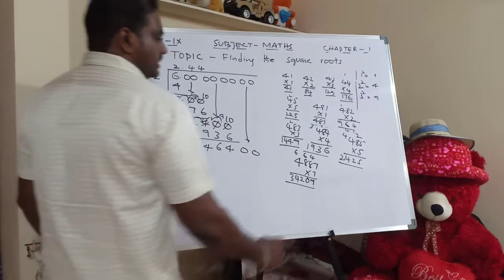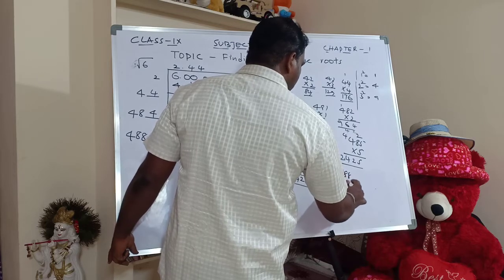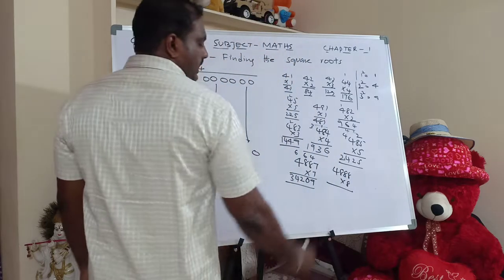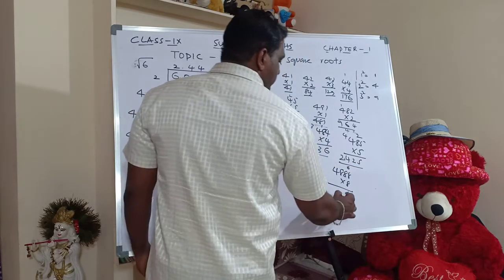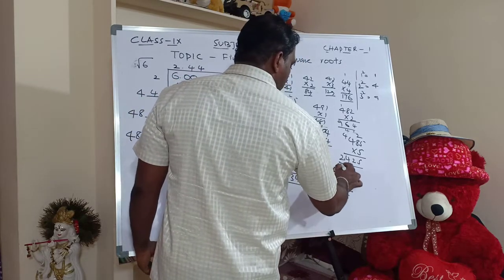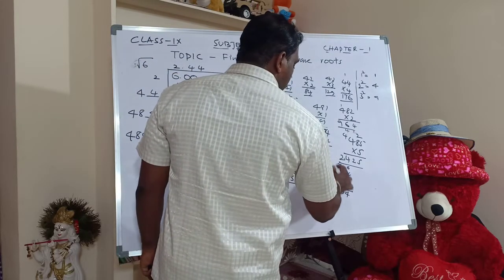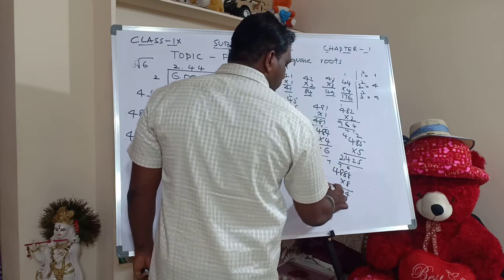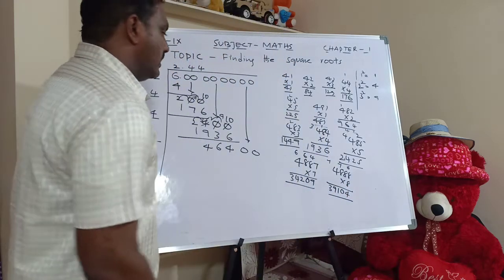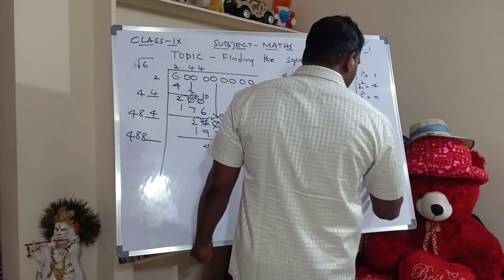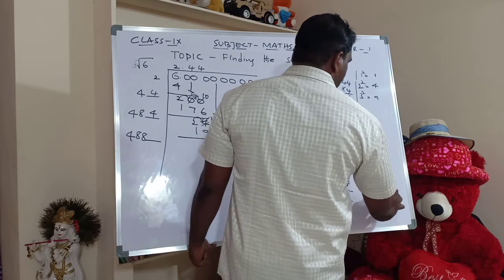Next I will check one more option: 4, 8, 8, 8 into 8. 8 8s are 64 plus 6, 70. 8 8s are 64 plus 7, 71. 8 4s are 32 plus 7, 39. Then next option, 4, 8, 8, 9 into 9.